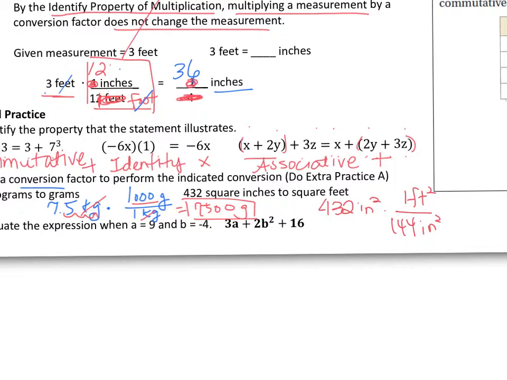Basically, I just squared 12. So that would be 144. I can cancel out square inches, and 432 over 144, if I simplify that, would give me 9 over 3. And that would be 3 square feet.